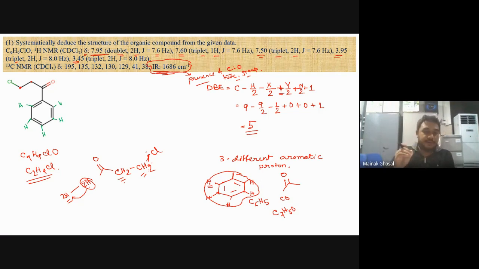This kind of compound will mainly be ortho-para directing, so the ortho positions will be much more deshielded compared to the meta position. For toluene you didn't see this, but for this compound, where you have a carbonyl group and CH2CH2Cl, the electron density will be different for these hydrogens. Have you got my answer?